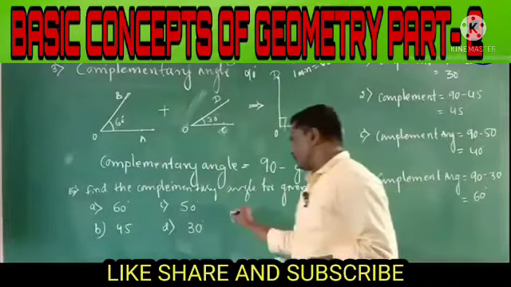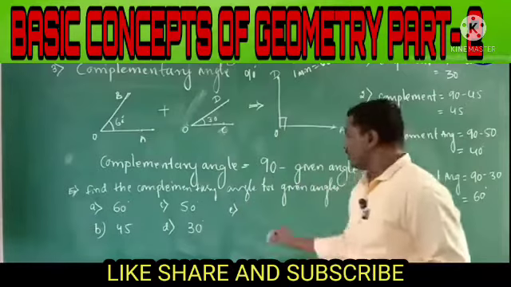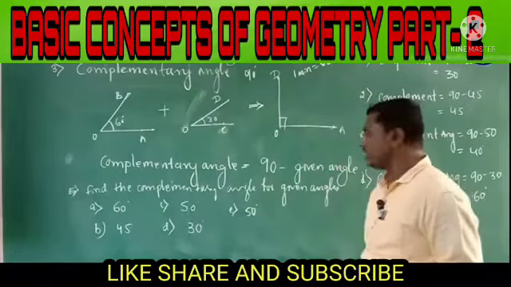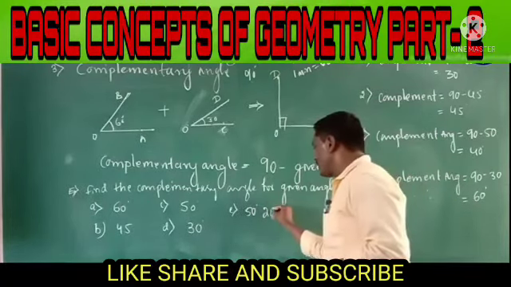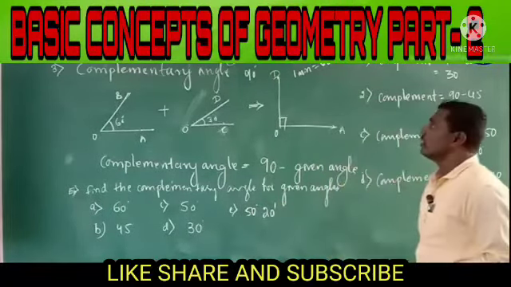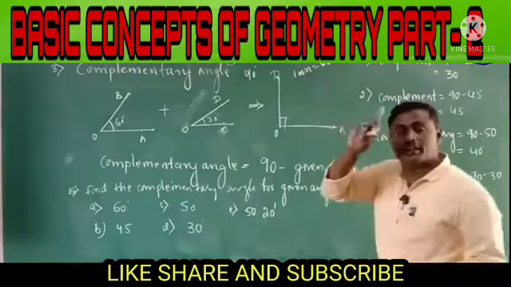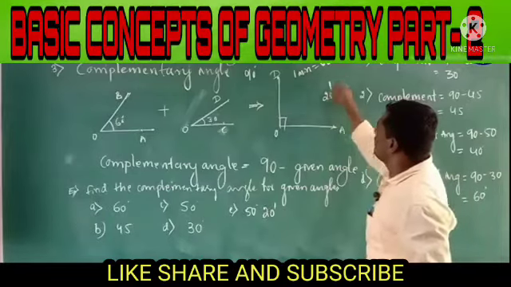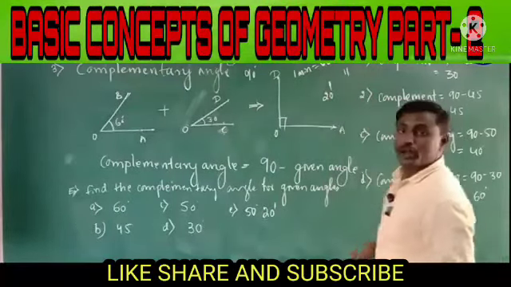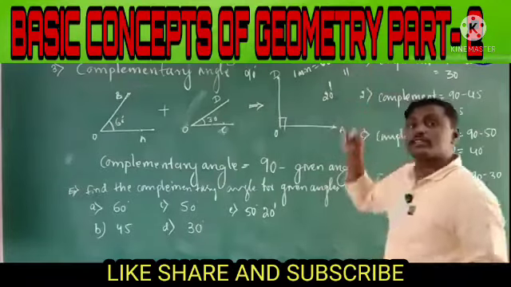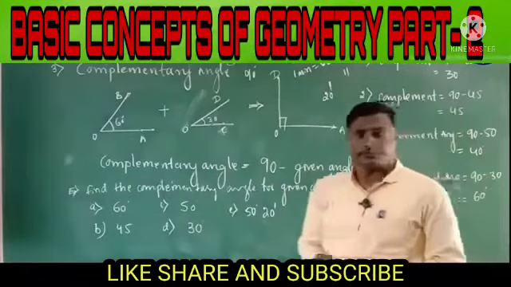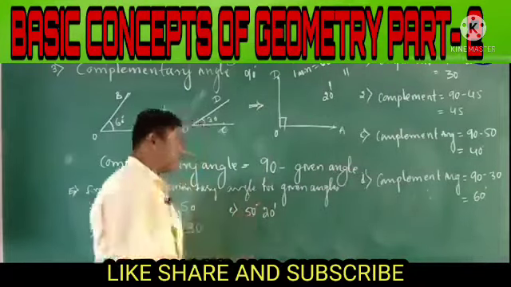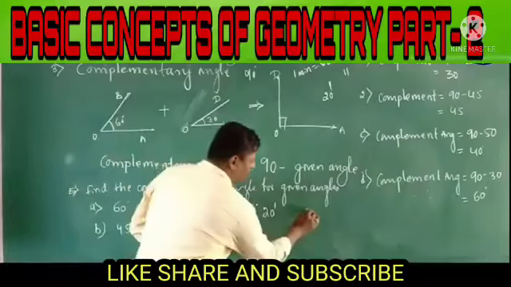For example, take one more example here: 50 degrees and 20 minutes. I can represent the minutes by one arrow mark or dash. So 20 dash, it's the minutes. Two dashes indicate the seconds, right? So take one angle, 50 degrees and 20 minutes. We can calculate the complementary angle.